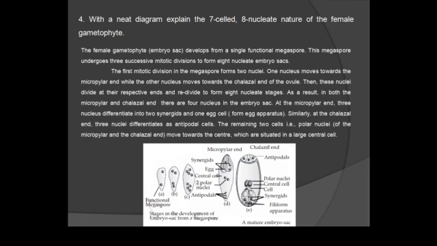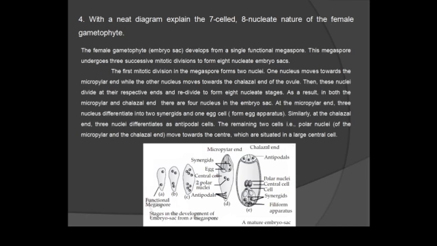Among the 4 nuclei at each end, both from the micropylar and chalazal end, 1 nucleus migrates towards the center from each pole. So there are 2 nuclei present exactly at the center.